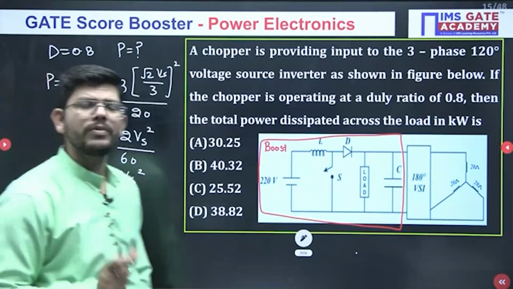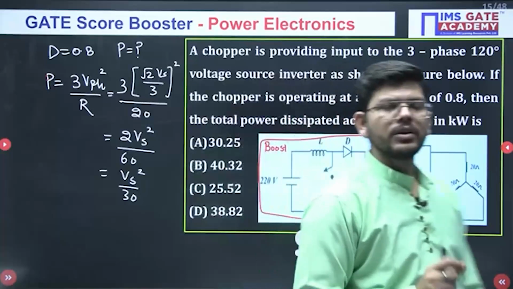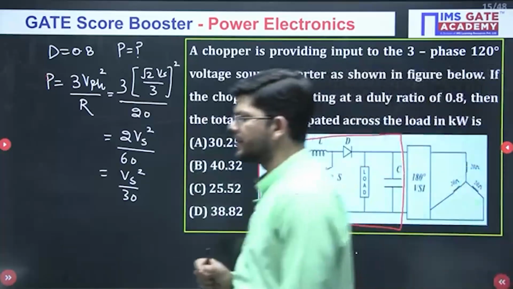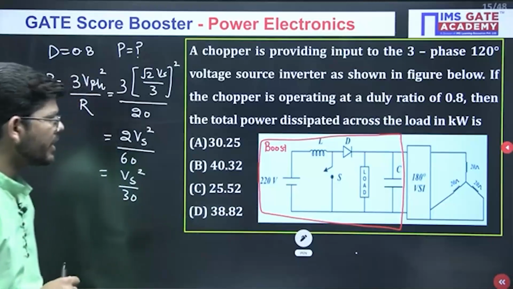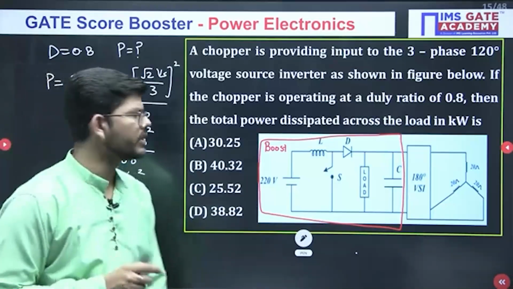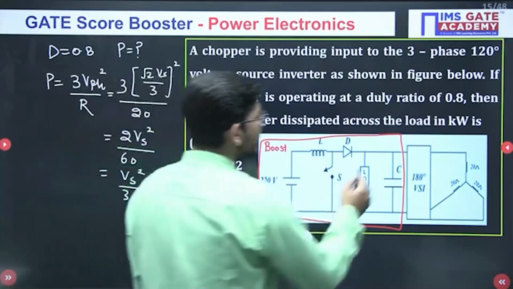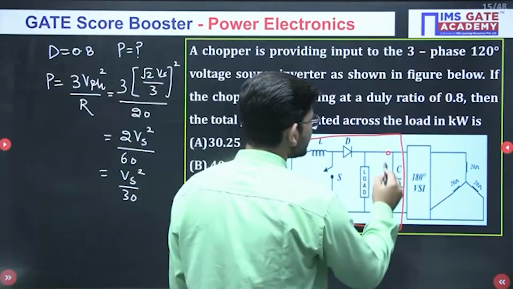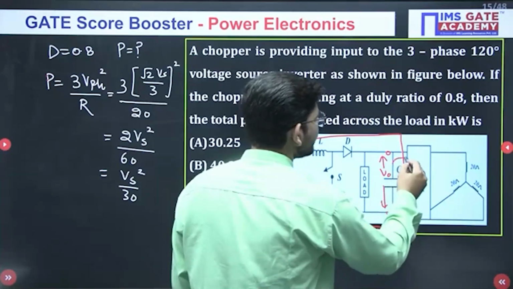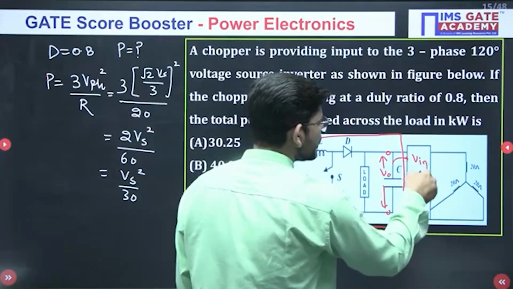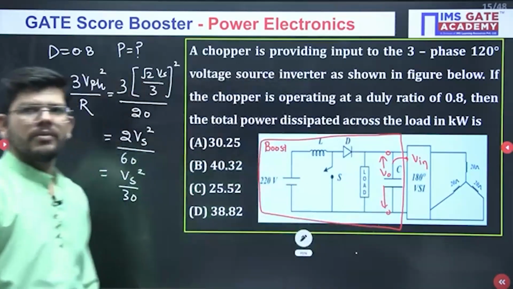But do we know the value of Vs here? I think we do not have the Vs value. Whatever will be the output of this boost converter, that will be the input voltage for our VSI.